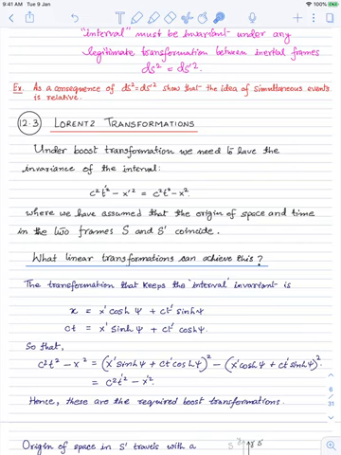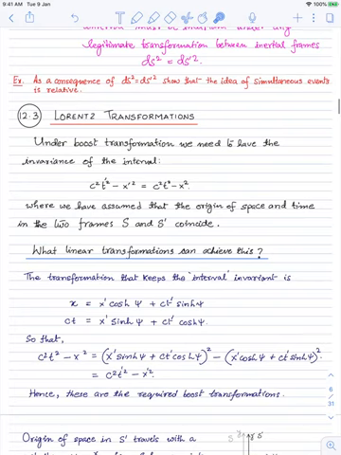So now the next step, once we have shown that the interval is invariant, now we can use that. So you see, the postulate of relativity, which is the universality of speed of light, tells us that this interval must be invariant, and that can now be used to work out the right set of transformations between two inertial frames that are boosted with respect to each other with a constant velocity v.